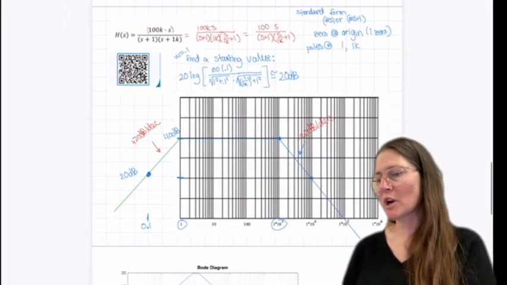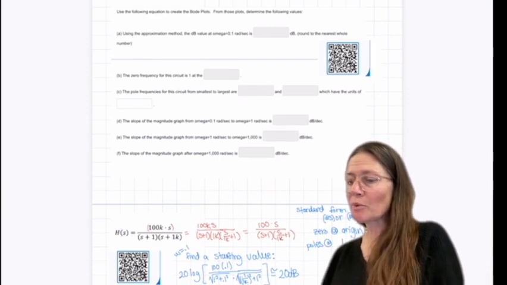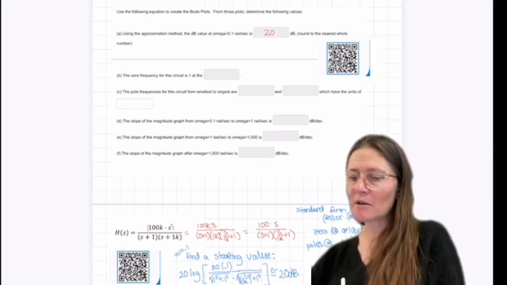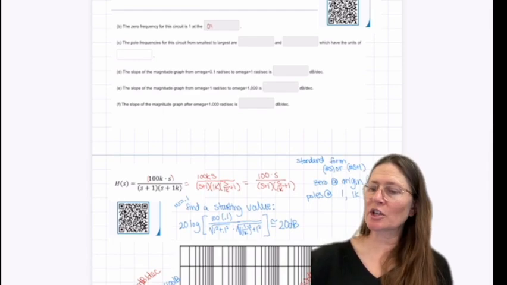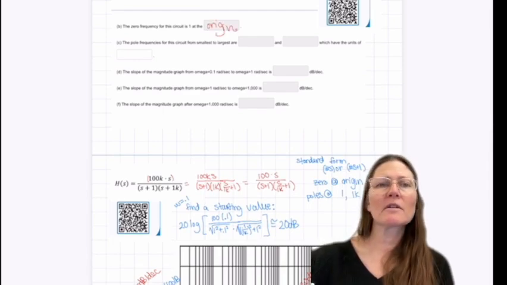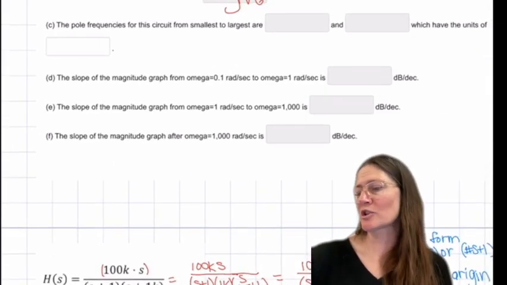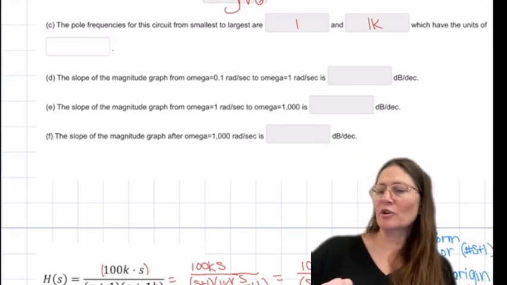So some of the questions. At 0.1 radians per second, it was approximately 20 dB. The zero frequency for this circuit is at the origin. The pole frequencies from smallest to largest are 1 and 1K. And what are their units?